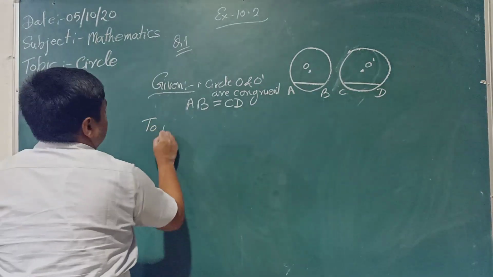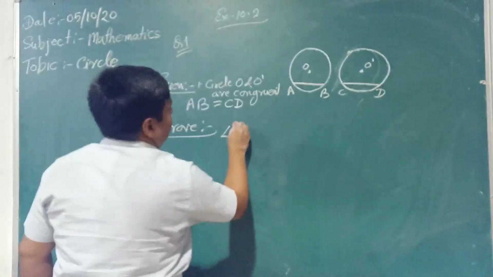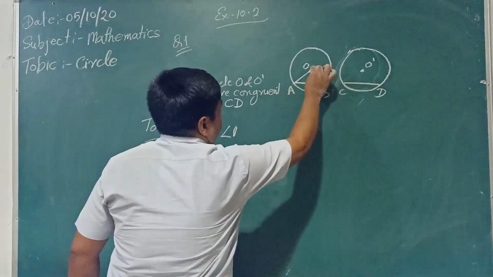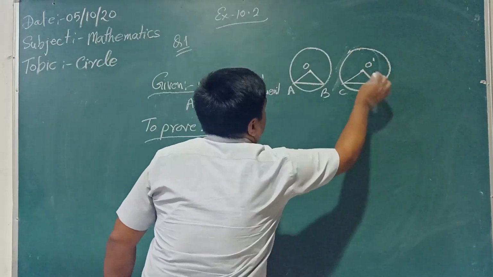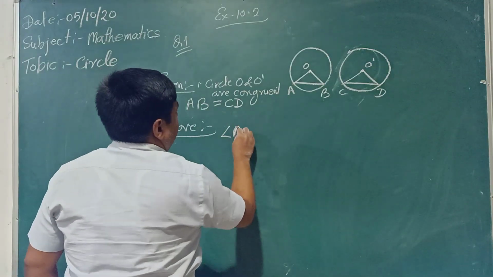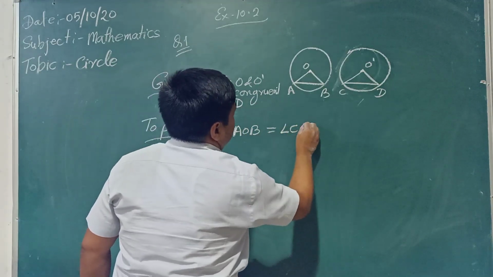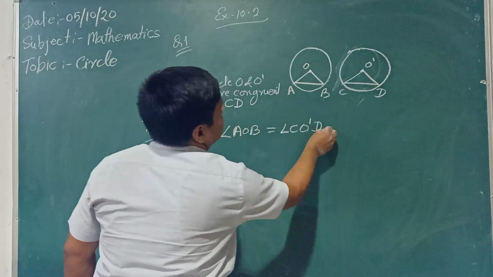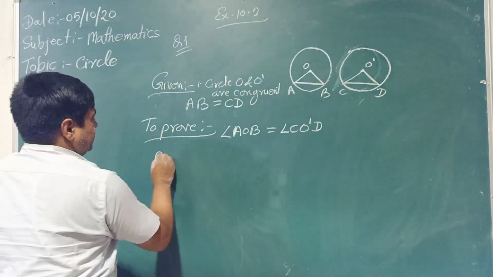To prove: angle AOB is equal to angle CO dash D. Now prove it.